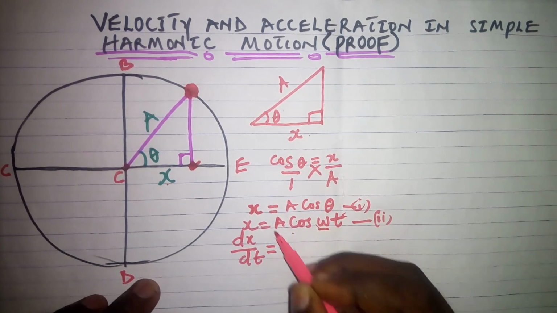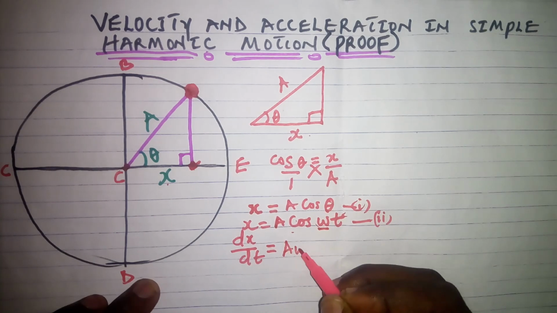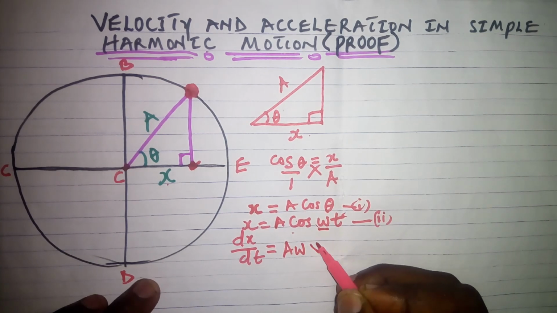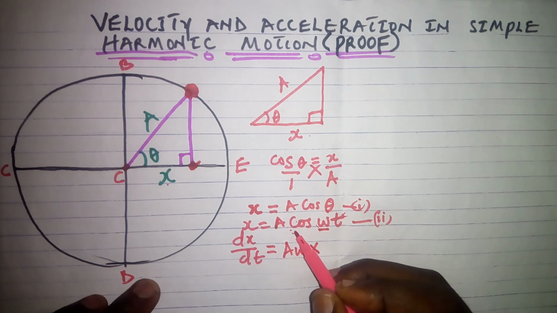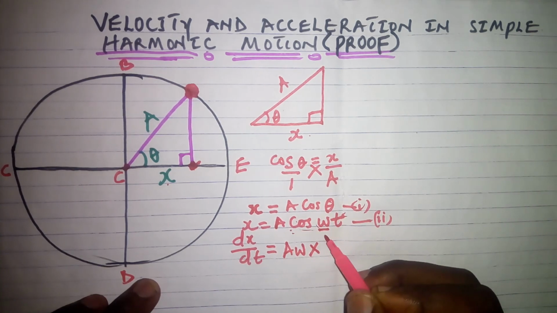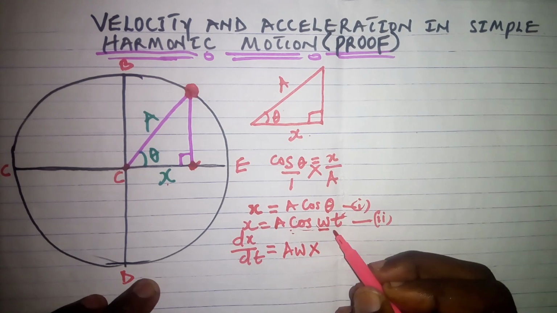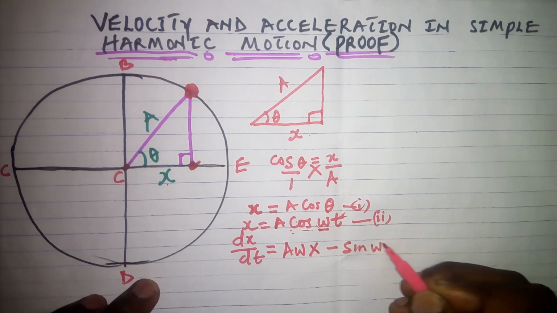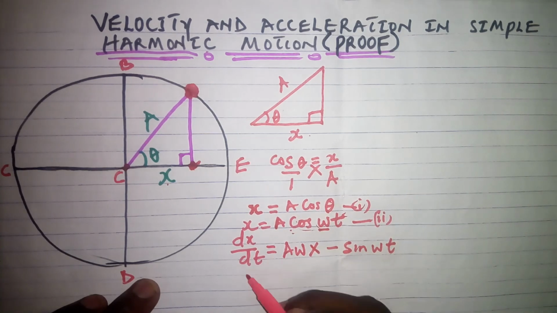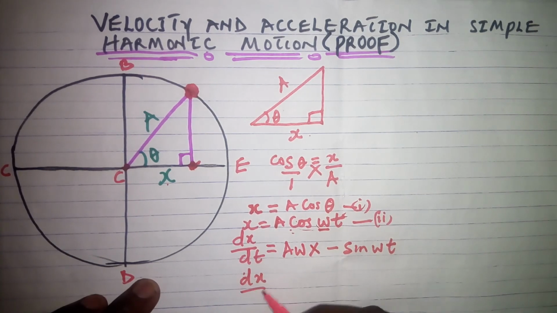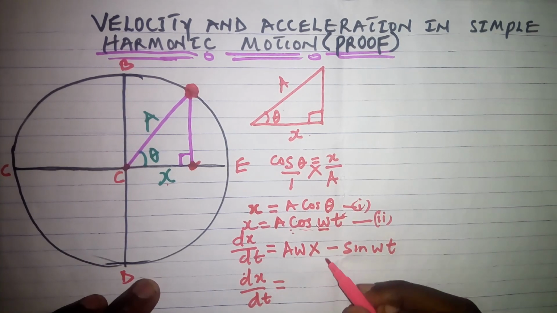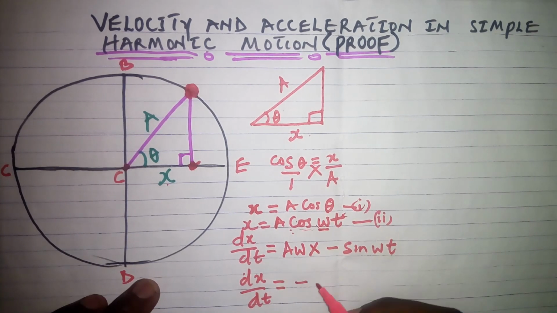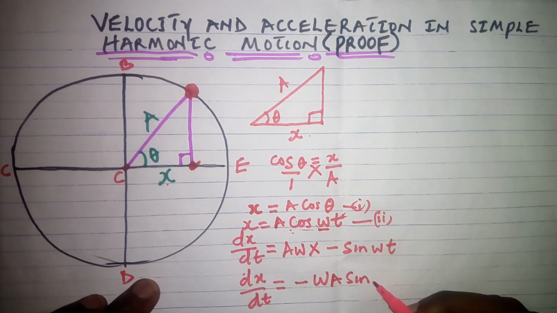So I'll multiply this by a to give me a omega, and then times, I'll now differentiate cos omega t with respect to t, which gives me minus sine omega t. Then I'll multiply through, and my dx/dt now gives me minus omega a sine omega t.